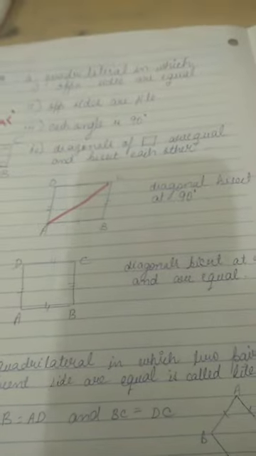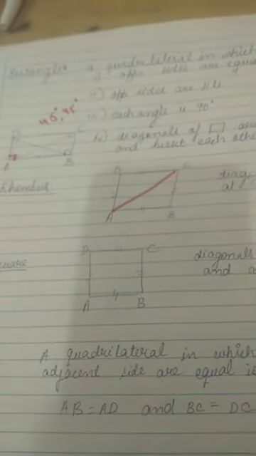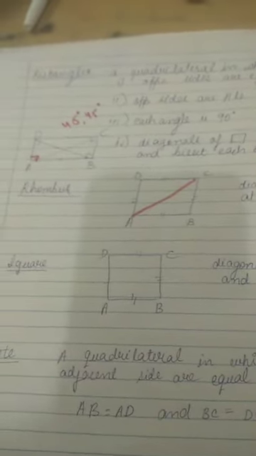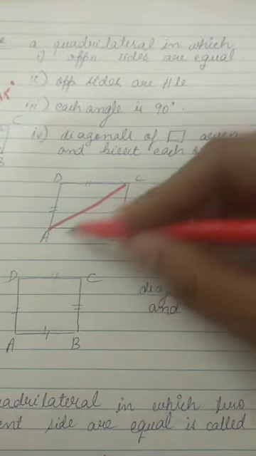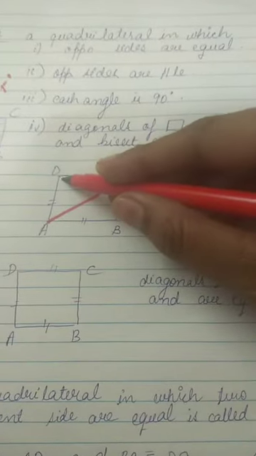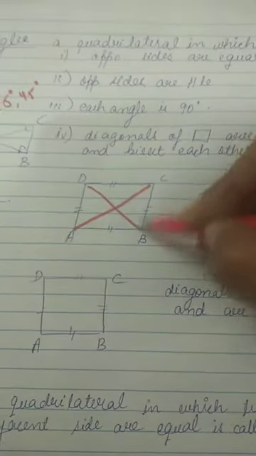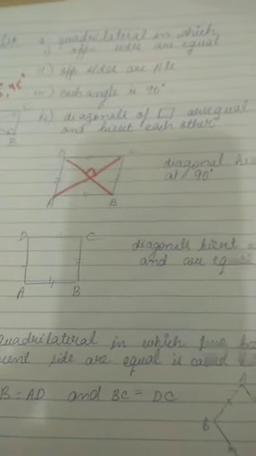The diagonals of a rhombus bisect at 90 degrees. It means the diagonals which are bisecting each other, that is the diagonal AC and the diagonal DB, bisect at 90 degrees. So this is the difference from the other quadrilaterals.